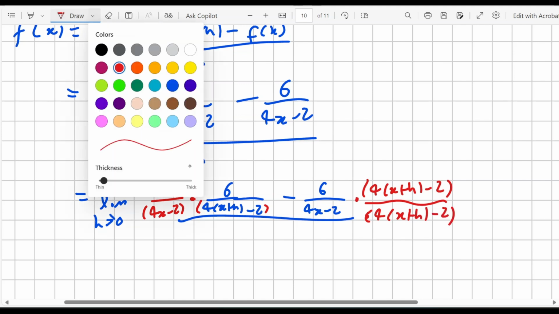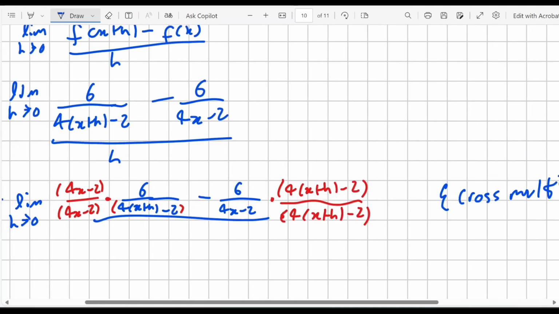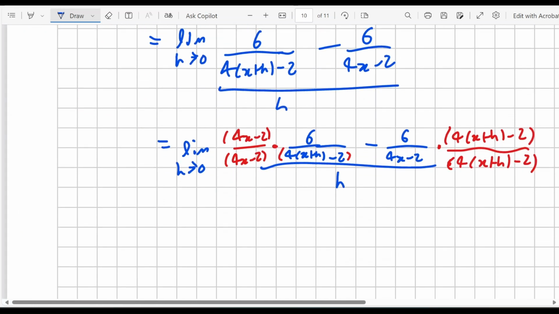Wonderful. So that's the trick. Since it's the first principles, well, I showed that question, we should probably explain any of the trickier steps we're doing, so cross multiplying. And then this should all still be over h.